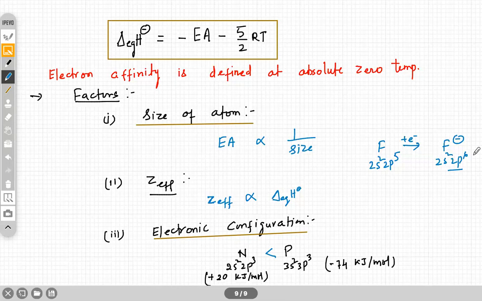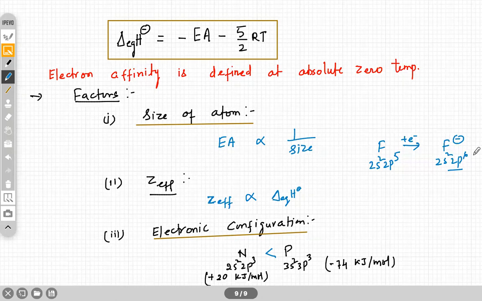Nitrogen and phosphorus, we'll discuss that. First of all, try to understand that electron affinity and electron gain enthalpy are opposite.